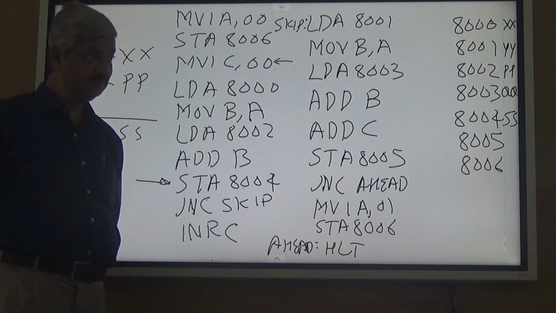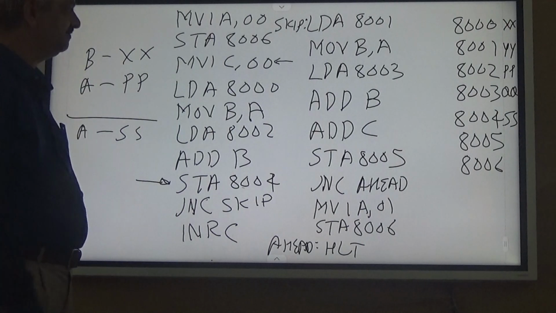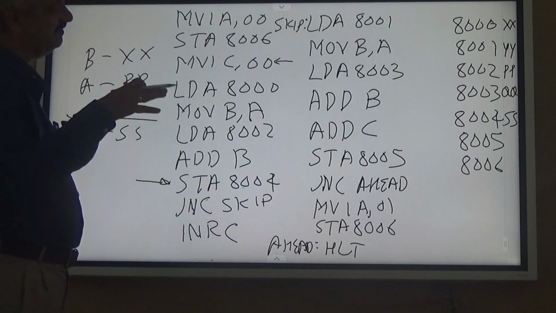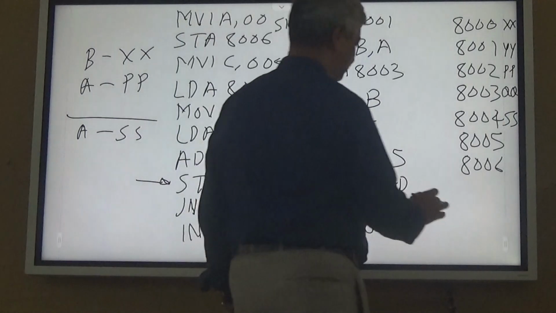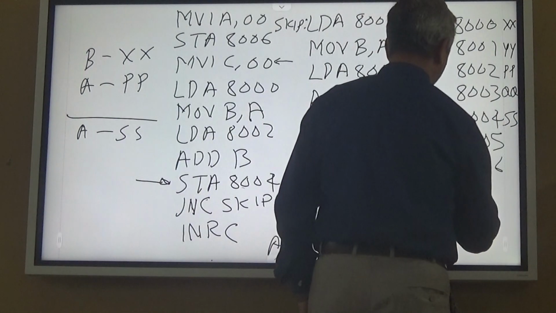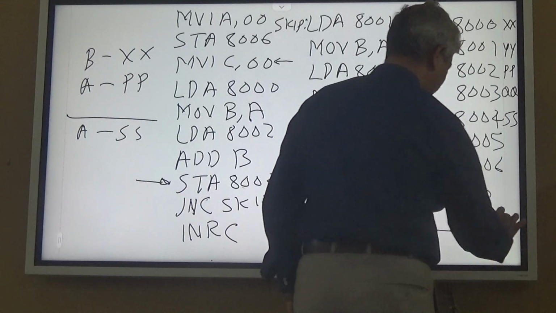This is for you, these are very critical situations. Getting the answer on your own may not be so easy, so I will take an example. Take both numbers as 8000. 8000 plus 8000. What is the result?